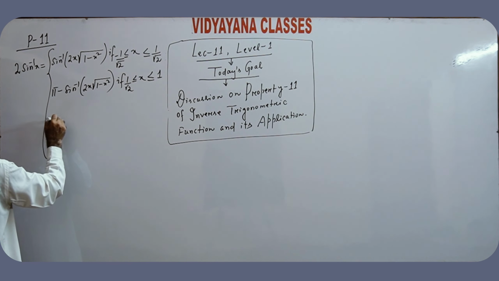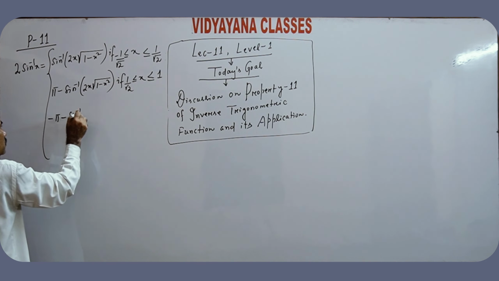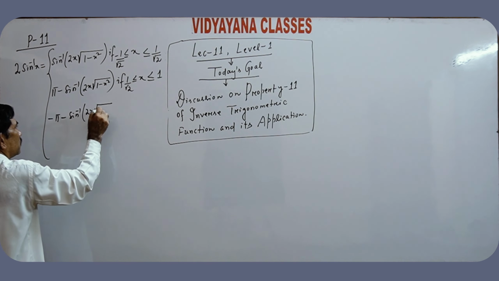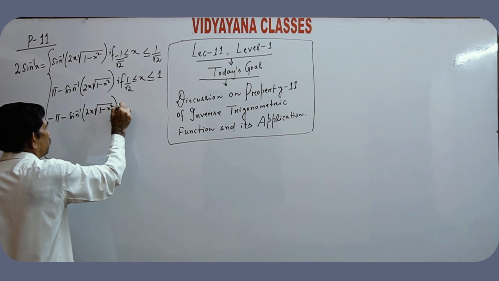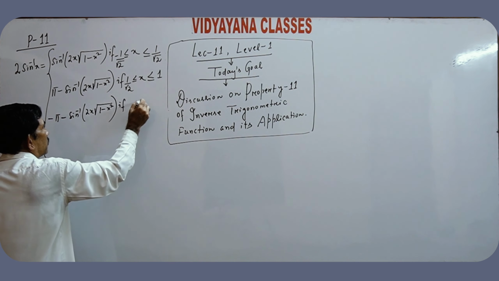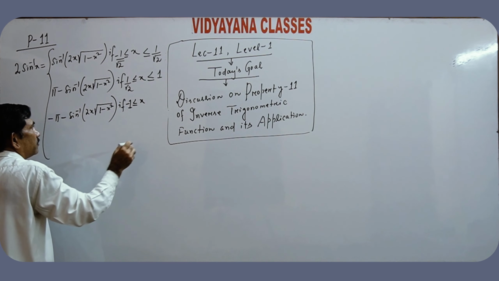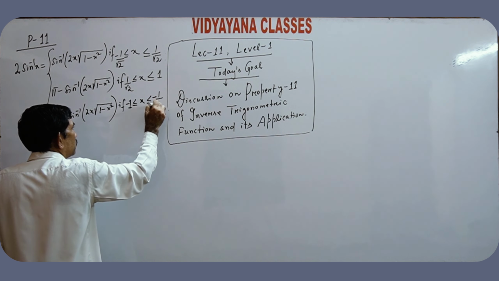And minus pi minus sin inverse 2x into root of 1 minus x square if x is greater than or equal to minus 1 and less than or equal to minus 1 by root 2.